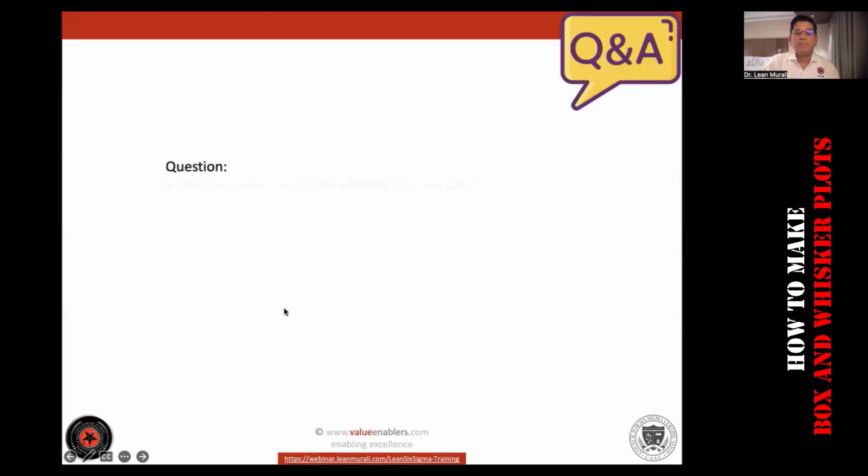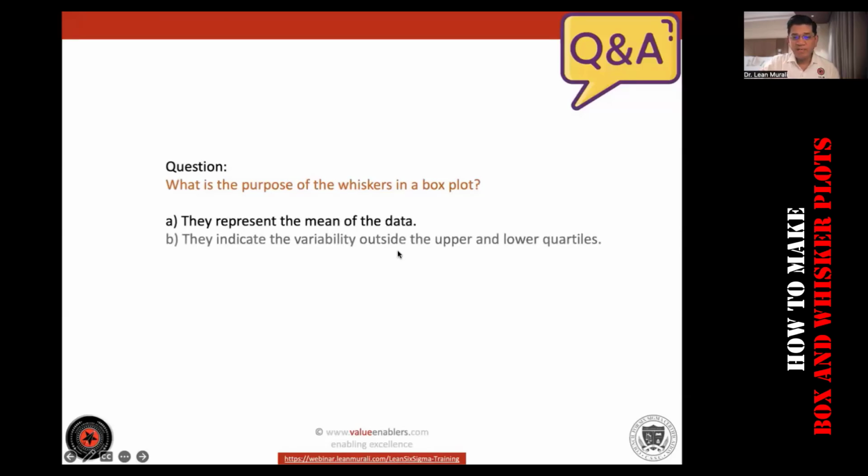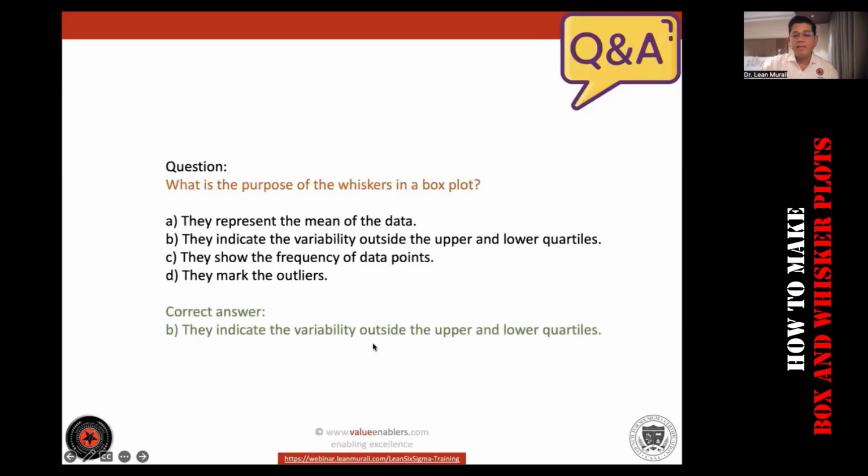Now the follow-up question: what is the purpose of whiskers in the box plot? They represent the mean of the data. They indicate the variability outside the upper and lower quartiles. They show the frequency of data. They mark the outliers. The answer is they indicate the variability outside the upper and lower quartiles.